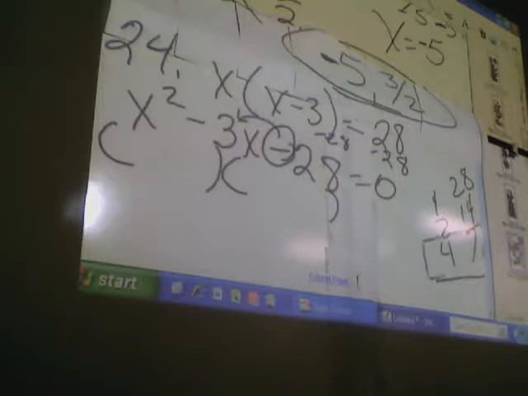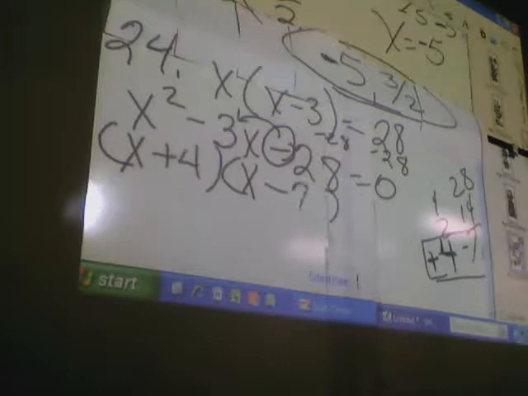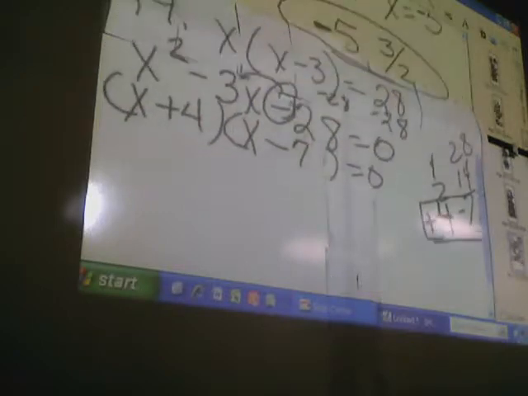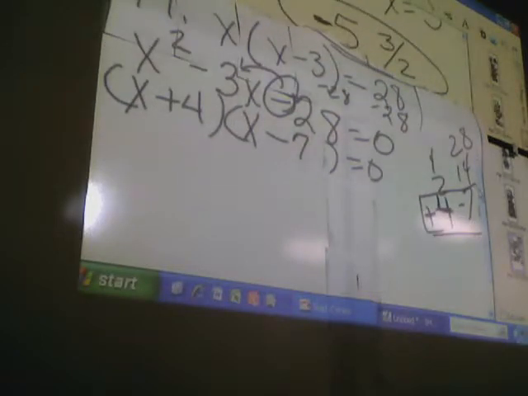4 and 7. We need a negative 3. So we need negative 7, positive 4, right? So we have our x's here, and a positive 4 and a negative 7. That's equal to 0, so x plus 4 equals 0.